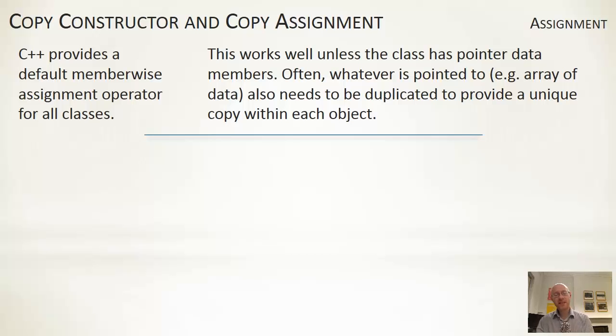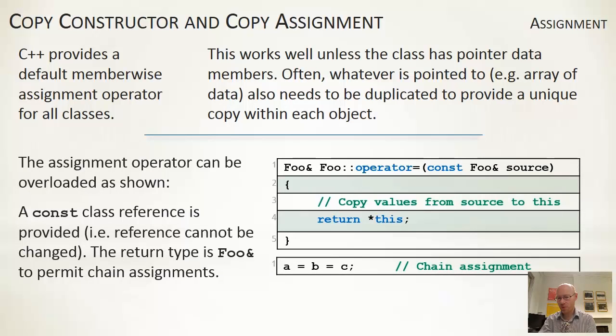For the copy assignment, we're going to look at how we can deal with that in a little bit, but for the copy assignment constructor, you can see the form that it takes over on the right hand side at the bottom. It looks complicated. So line 1 we have foo, a reference to foo, the name of the class foo itself, then we have this operator equals and another reference to the source. Let's break it down. This is the standard format.